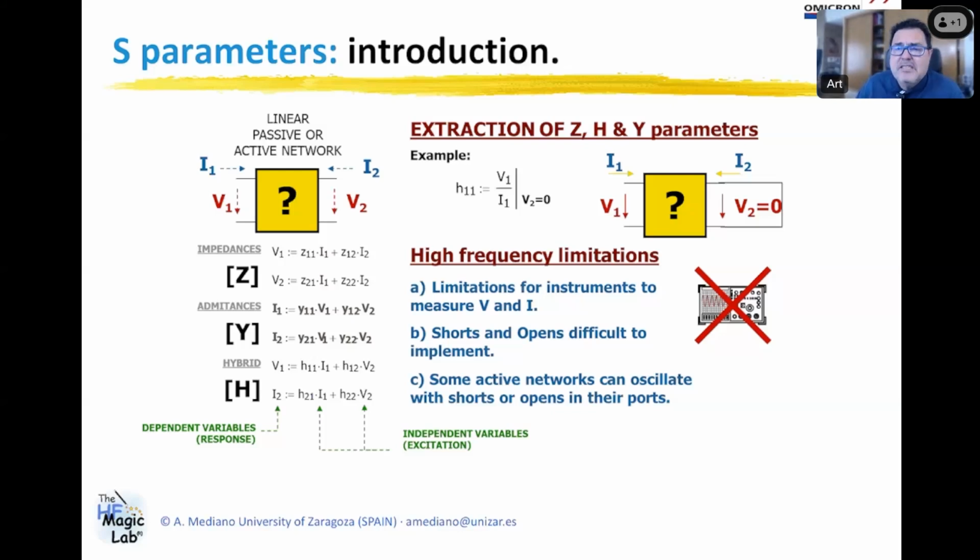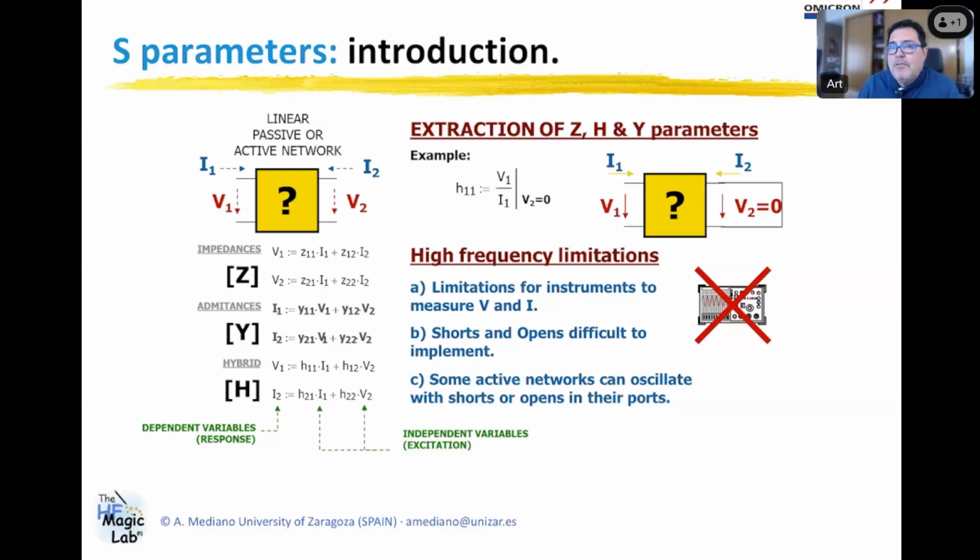Examples of linear passive circuits are filters, the filters we are building with inductors and capacitors. Examples of active networks could be amplifiers, but only when they are working in a linear way. For example, a class A amplifier could be analyzed with S parameters.